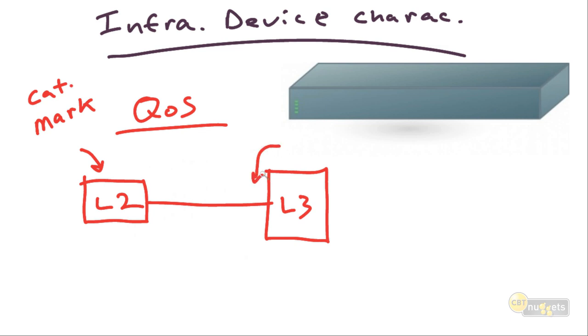And then we discover, okay, at our layer 3 switch, we're going to be able to do congestion avoidance and congestion management based on those markings. So notice the different devices are going to have dramatically different capabilities. So we need to look at our choice of infrastructure device because that is definitely going to impact how we design the overall campus network.